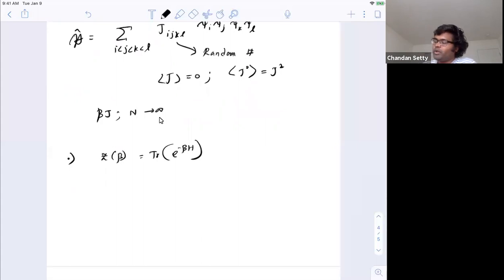What you end up with is a set of self-consistent equations for the saddle point, given by the following two equations.